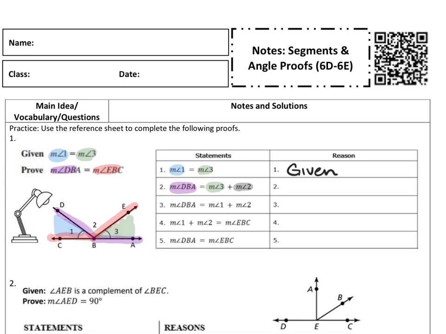Why are we allowed to say that this purple angle, DBA, is equal to this small piece and this small piece added together? What's the name of the reason from my reference sheet that allows me to take 2 angles and add them together to make the bigger angle?